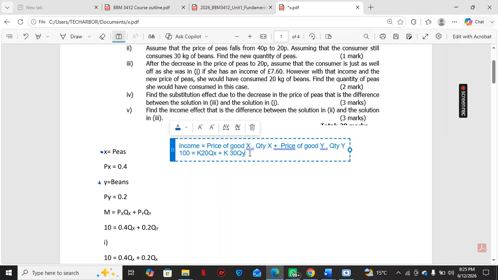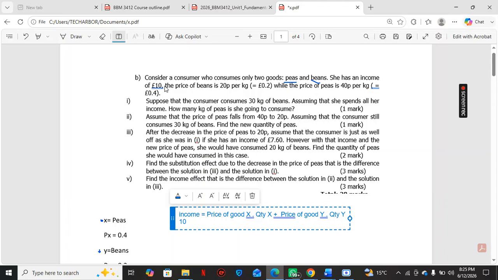Now in this case, for this question, the income of the consumer is £10. The price of good X, which is peas, is 0.4 pounds.